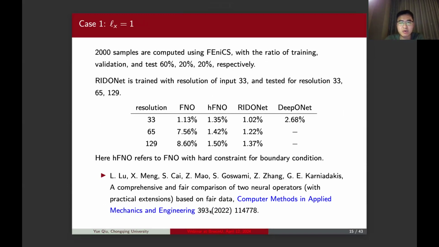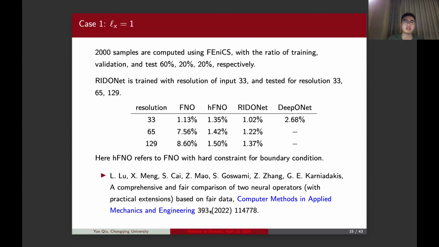So we compare our results with FNO, and also with DeepONet. We found that for this problem, since the boundary conditions are not homogeneous, for FNO without any modifications, when we train all these models at low resolution but predict at high resolution, the generalization error increases.